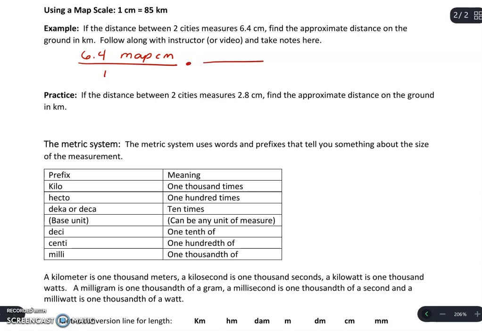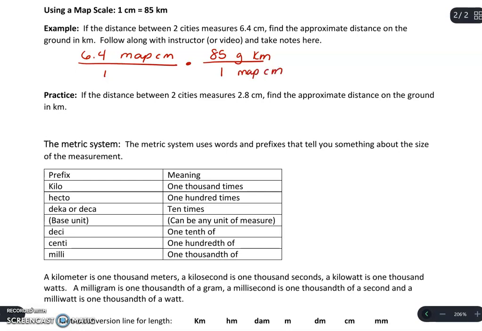Okay, so my scale is 85 ground kilometers over the 1 map centimeter.